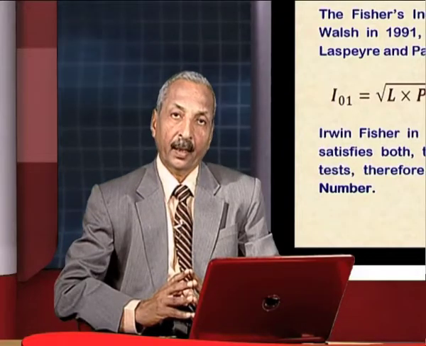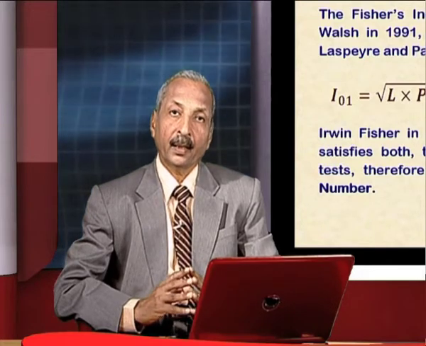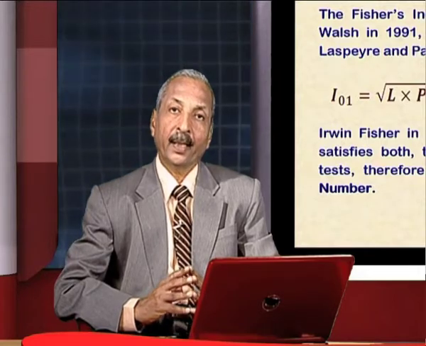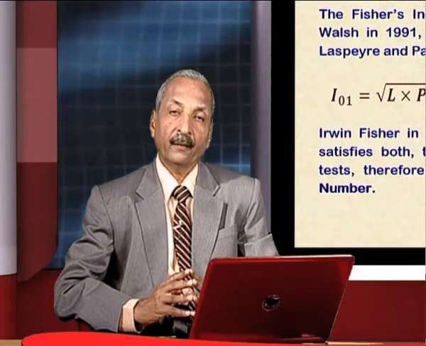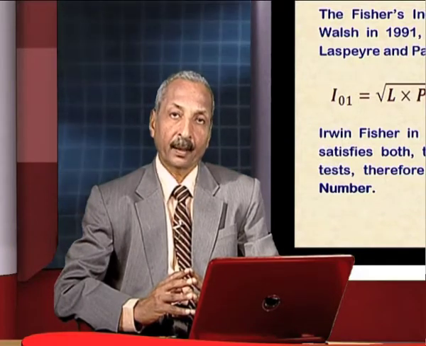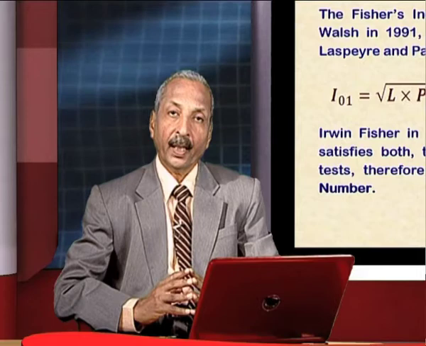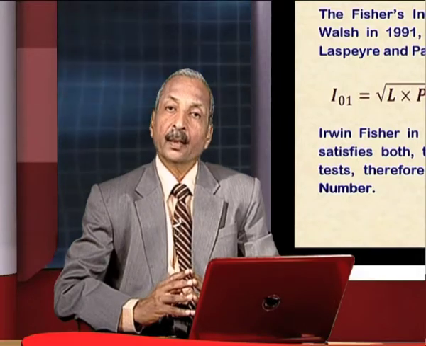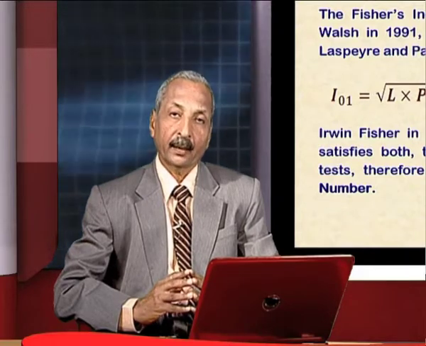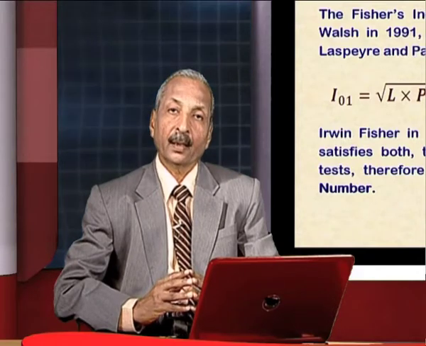There is one more criteria which an index number should satisfy, and that is the unit test. This criteria says that the index number must be free of the units. For example, the simple aggregative index number does not satisfy this criteria, whereas Fisher's index number satisfies this criteria also. There is one more criteria which we are going to discuss in my upcoming lecture, and that is known as the circular test.